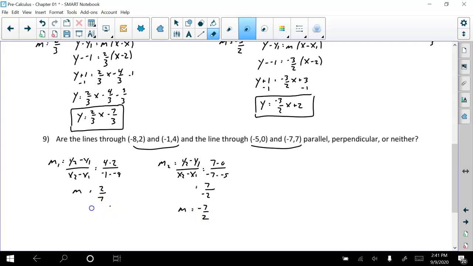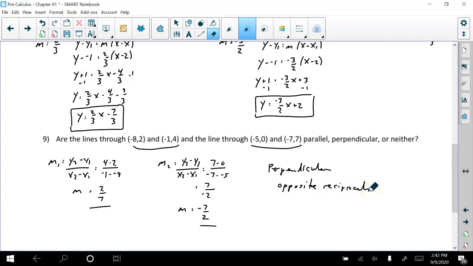And if you look, 2/7 and negative 7/2, they're opposite reciprocals, so the lines are perpendicular.